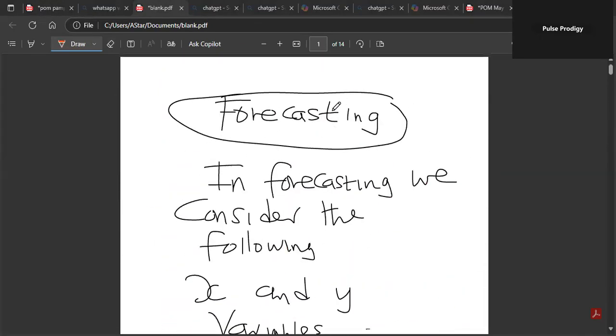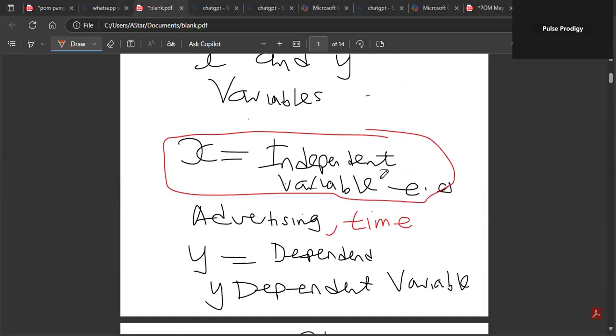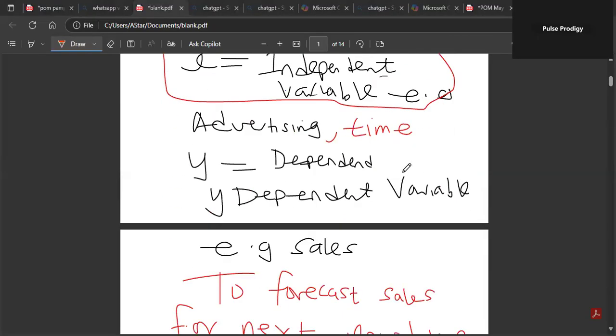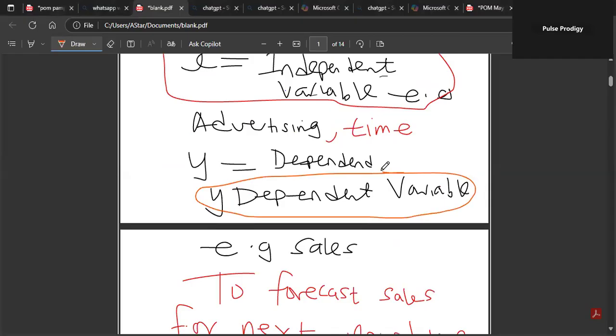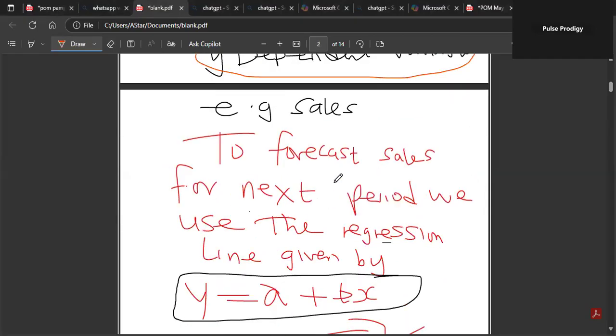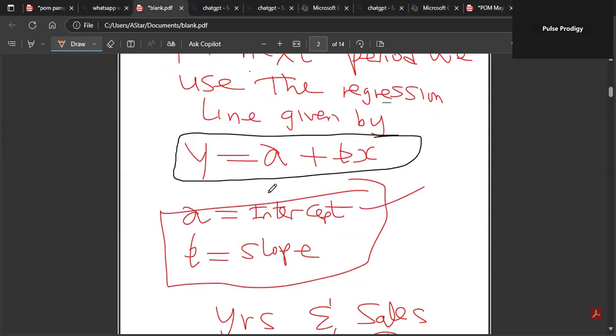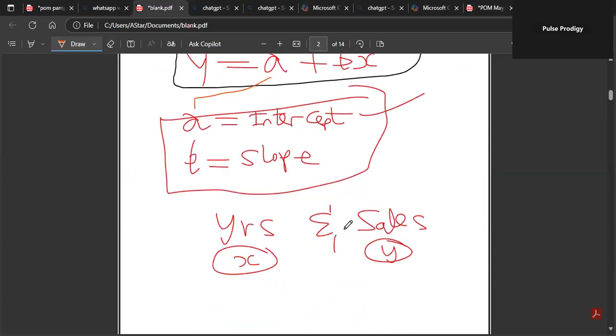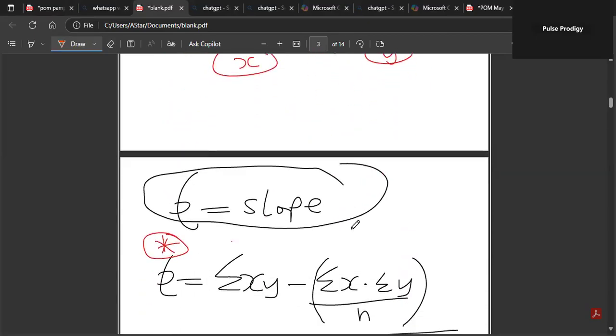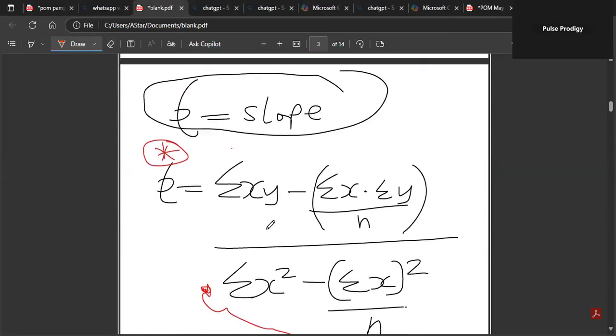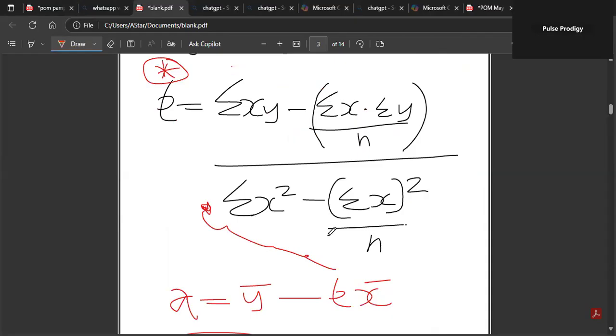X is the independent variable, Y is the dependent variable. To forecast for the next period, we use the regression. A is the intercept, then B is the slope. Getting the slope is this formula here, and then the intercept, you use that formula, substituting.